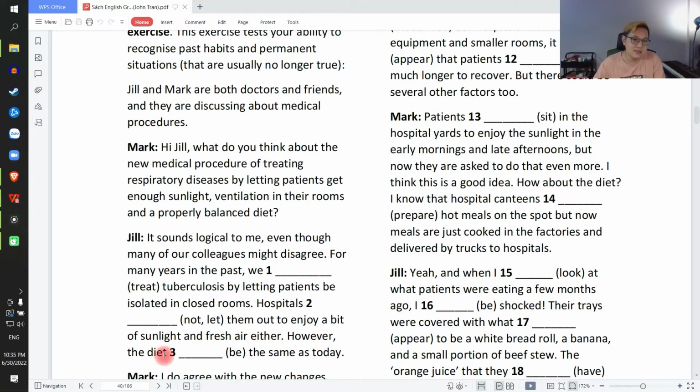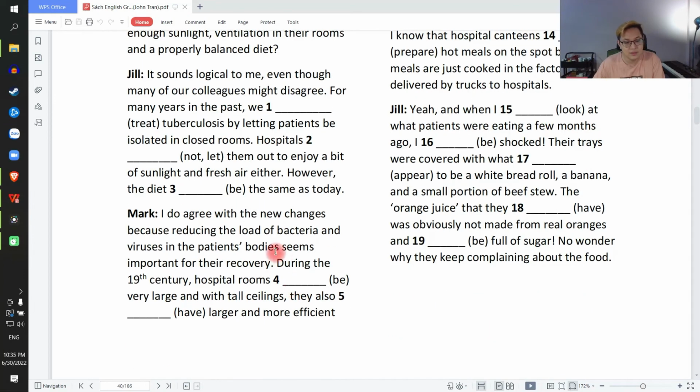However, the diet was the same as today. I do agree with the new changes because reducing the load of bacteria and viruses in the patient's bodies seems important for their recovery.